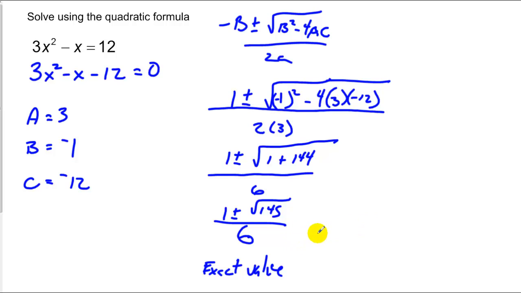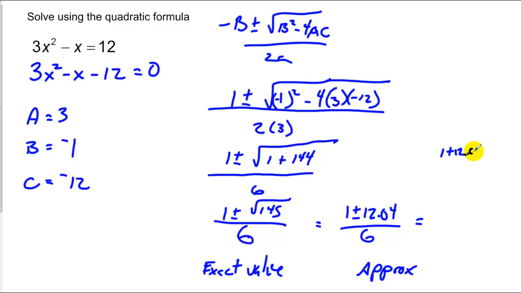Then we can approximate this value by plugging into a calculator. So this would actually give 1 plus or minus, rounded, 12.04 over 6, which is 1 plus 12.04 over 6 and 1 minus 12.04 over 6.